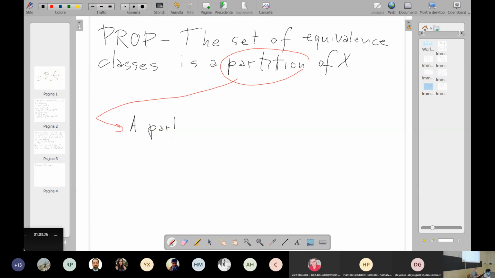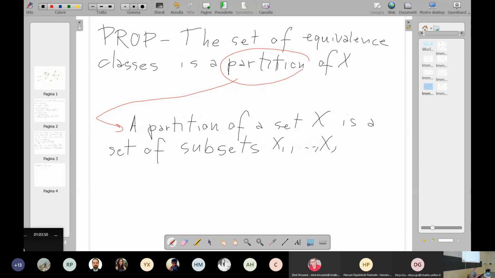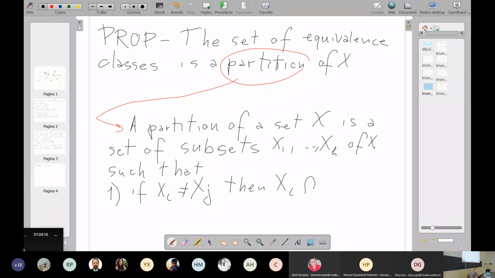A partition of a set X is a set of subsets X1, ..., Xh of X such that: 1. if Xi is different from Xj, then Xi intersection Xj is the empty set. 2.